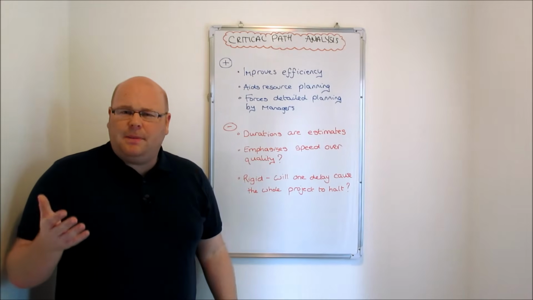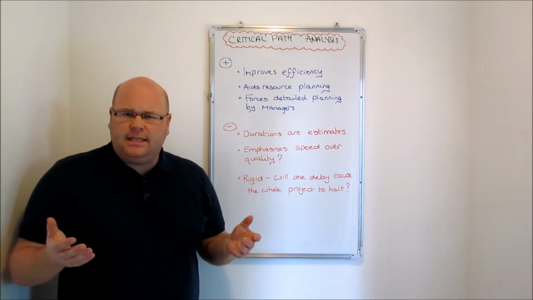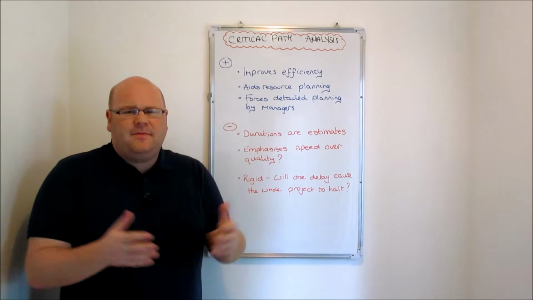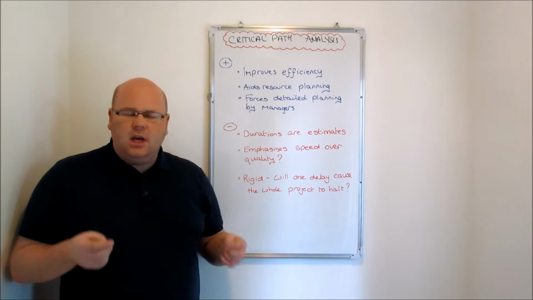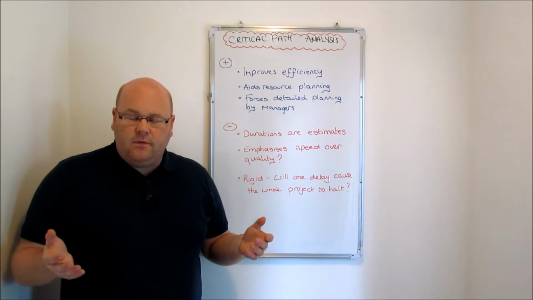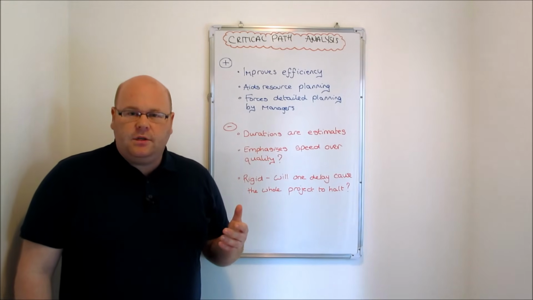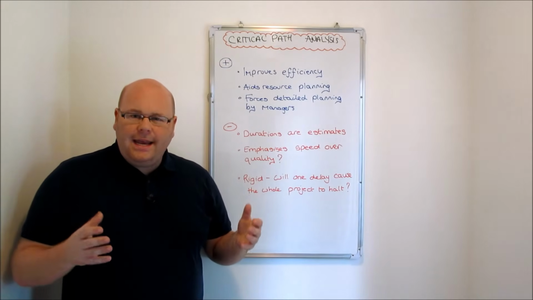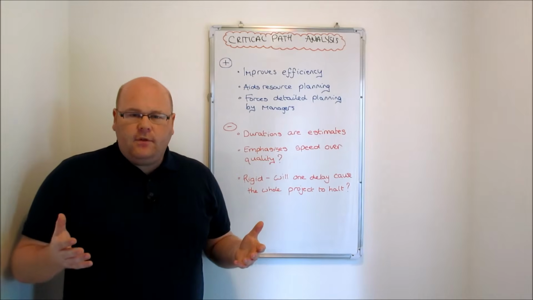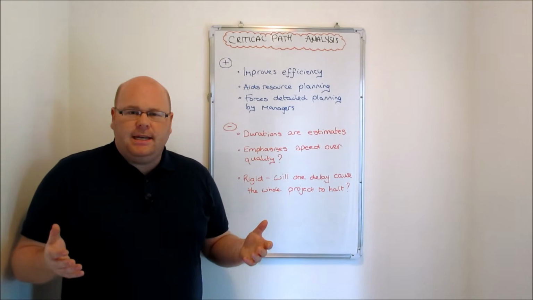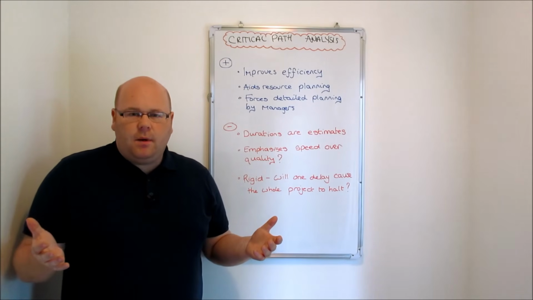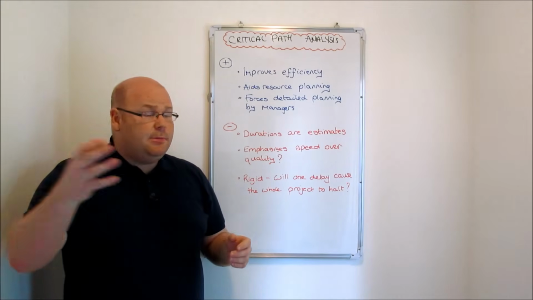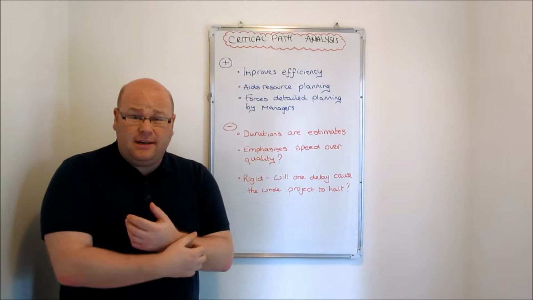Next advantage is to do with planning and the planning of resources. Because when organizations are completing projects, particularly big ones, perhaps very expensive grand projects, there's going to be a lot of resources involved. And another advantage of critical path analysis is it helps plan and organize when and where all of those different resources are going to be needed. So by structuring out a critical path diagram, we might see when certain physical resources need to be procured or brought into the organization.